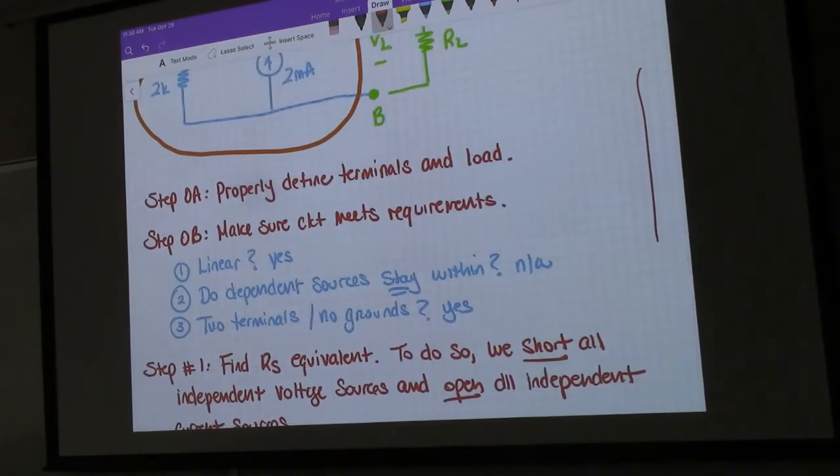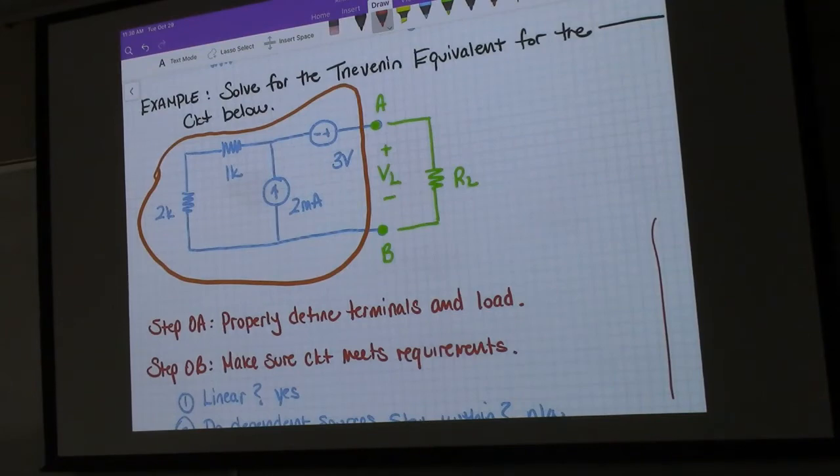Up here, we have an independent voltage source and an independent current source. What happens when we turn the voltage across the independent voltage source down to 0? It becomes a short. What happens when we turn the current source down to 0? It simply breaks that piece in two. It becomes an open circuit.